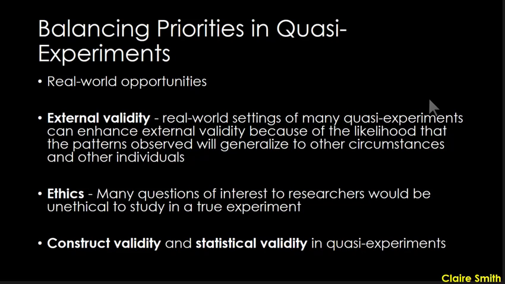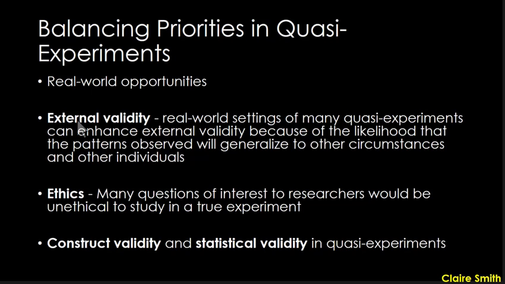Balancing some priorities. So all quasi experiments are good and beneficial because we're using real world opportunities to gather information, and utilizing things that we might not necessarily normally be able to study.